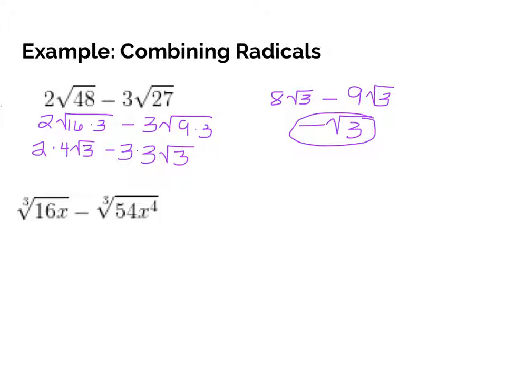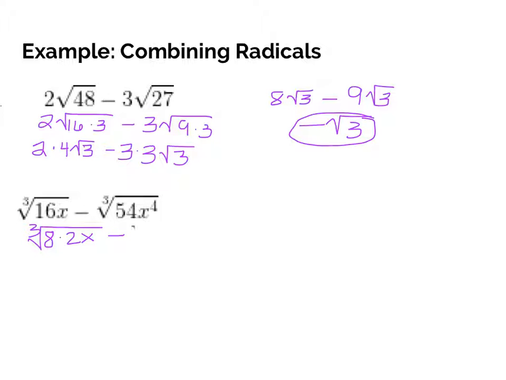In our next example, we are looking at the cubed root of 16x minus the cubed root of 54x to the 4th. The cubed root of 16x, we can break that up into 8, which is a perfect cube, times 2x.